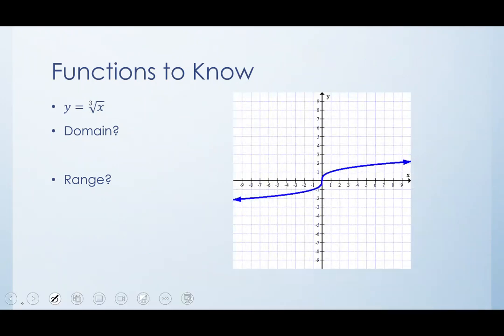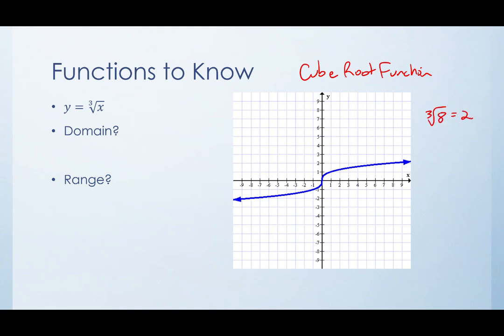Let's see, I think we can get through all of these in one. So next up we get our cube root. So this is asking really what number can I cube to get the number under the radical. So for instance, the cube root of 8 is 2, just as a reminder. And the cube root of negative 8?